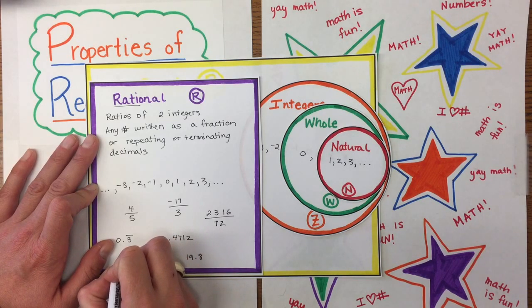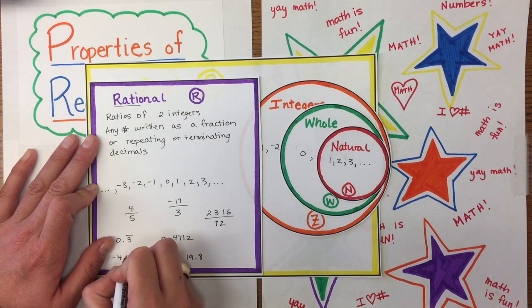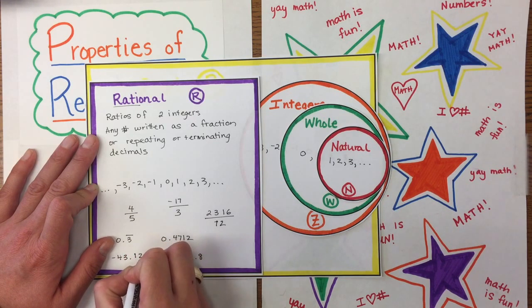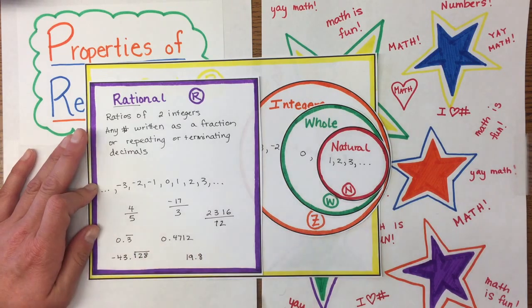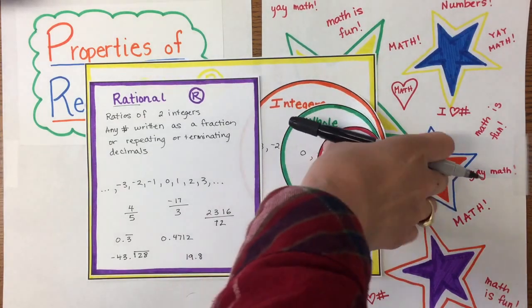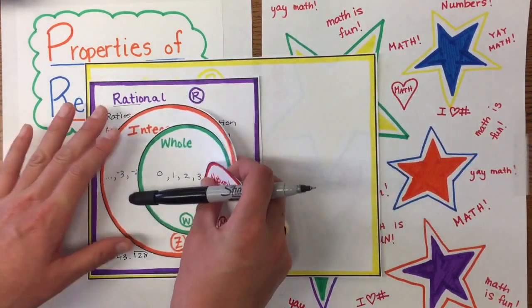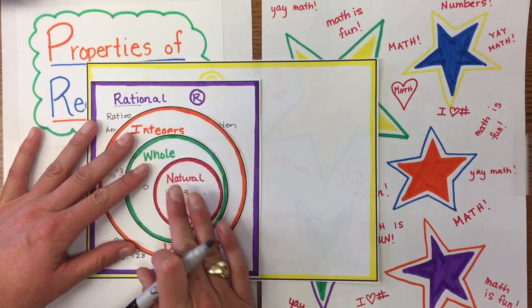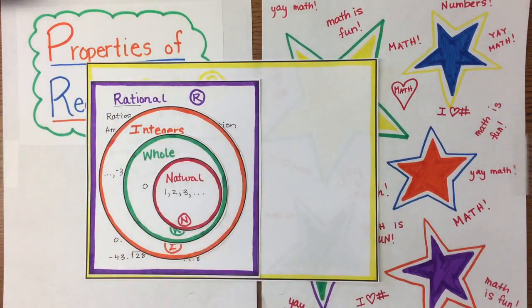We could have a number like negative 43.128, where the 128 repeats, and that would also be a rational number. So all of these sets, the set of integers, whole numbers, and natural numbers, all fall within the rational numbers.